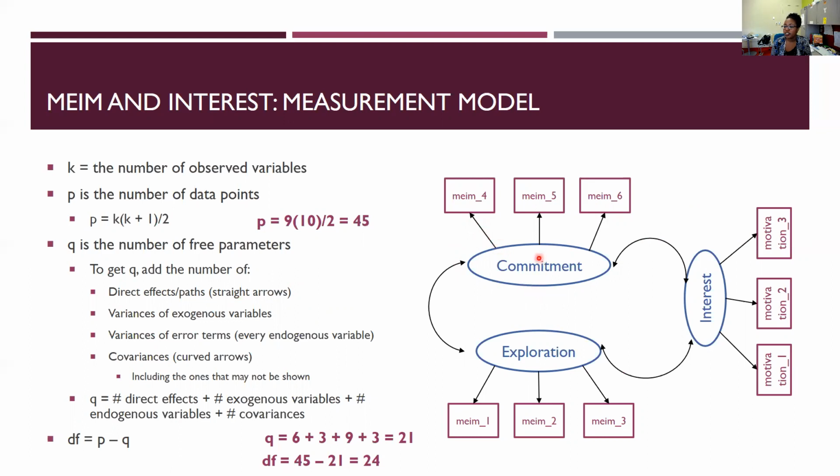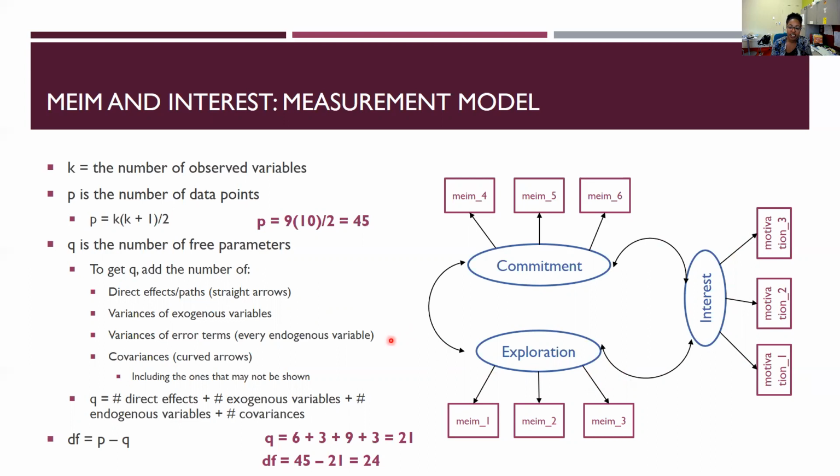So we're only going to count 2 direct effects on each one. So this one's fixed, 1, 2. This one's fixed, 3, 4. This one's fixed, 5, 6. So we end up with 6 direct effects for our latent variables.